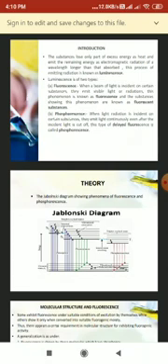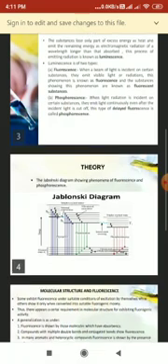If we compare the absorption and fluorescence spectrum of the same compound, they do not superimpose on each other as expected, but they are mirror images of each other, with the fluorescence spectrum shifted to longer wavelengths. The reason for this is that the time required to execute a vibration, about 10 to the power minus 13 seconds, is much shorter than the decay or mean life of 10 to the power minus 9 seconds.